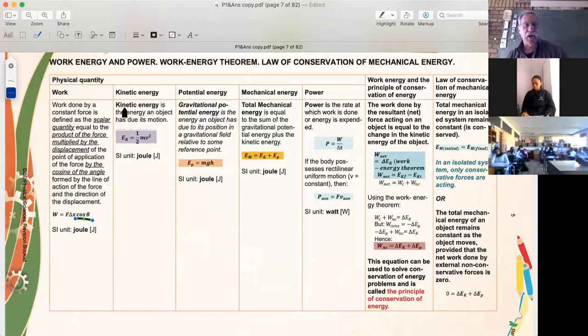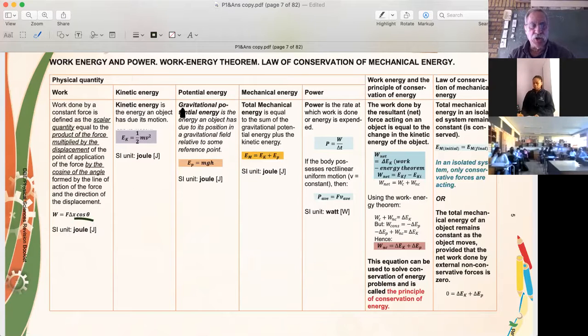Okay, then let's have a look at kinetic energy. It is the energy an object has due to its motion. There's your famous formula. EK equals 1/2 mv squared. And guys, on your data sheet, you could also just use the letter K, and that is the same as EK. So you've got a choice. Whichever you want to use, you can use K or EK.